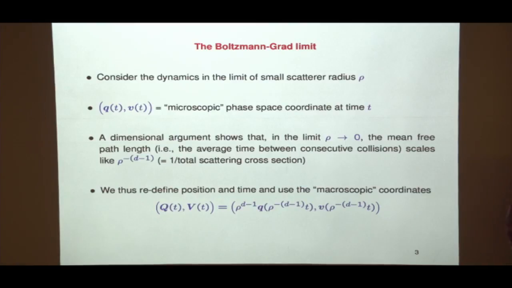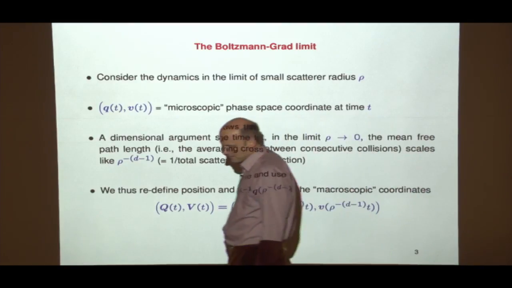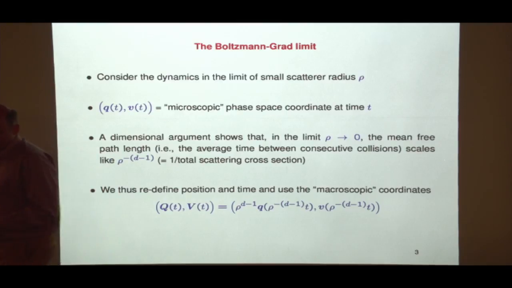Now, Lorentz' original idea was to model transport in matter, and he followed the same heuristic arguments that Boltzmann had developed to postulate a macroscopic transport equation in the limit of a low scatterer density.